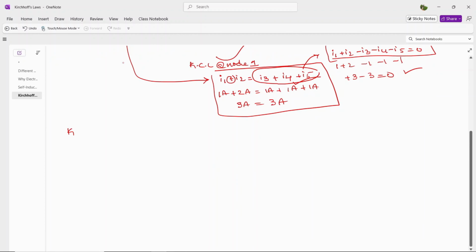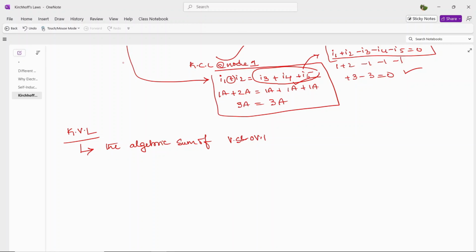So, let's try to understand what is meant by Kirchhoff's voltage law. The expansion of KVL is Kirchhoff's voltage law. What this states is the algebraic sum of voltage sources and voltage drops in a closed path is 0.